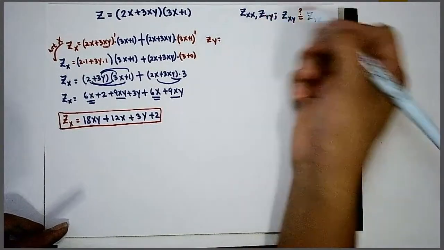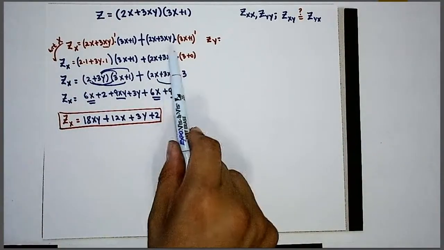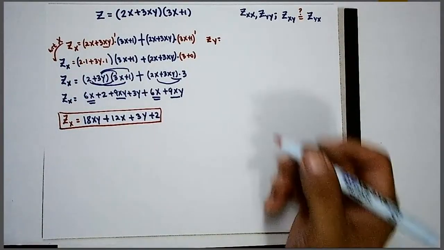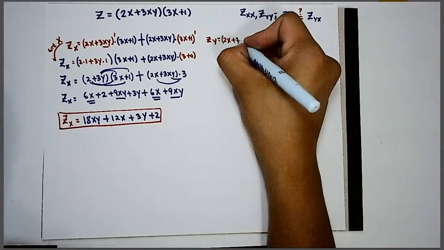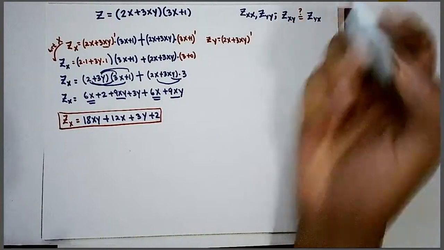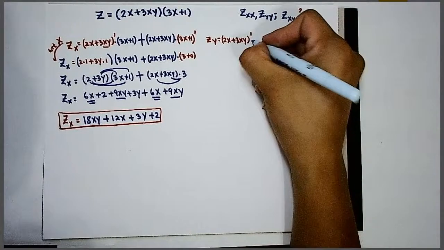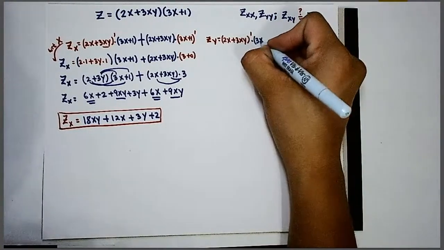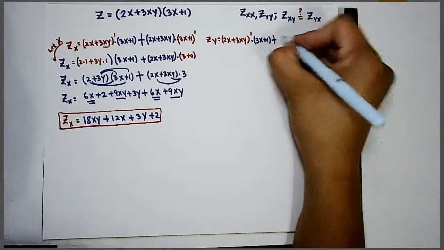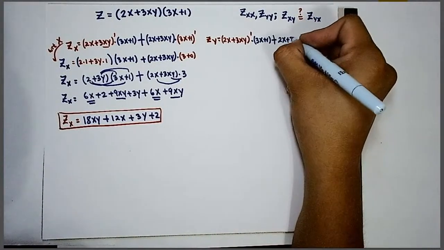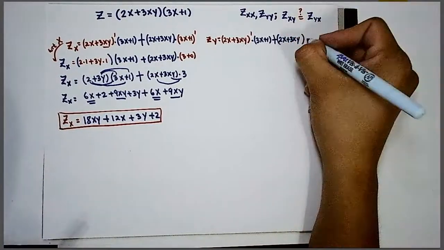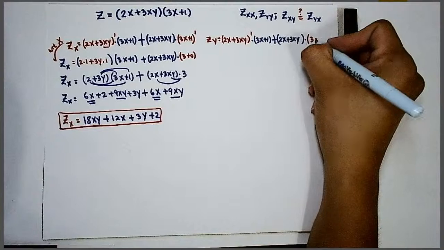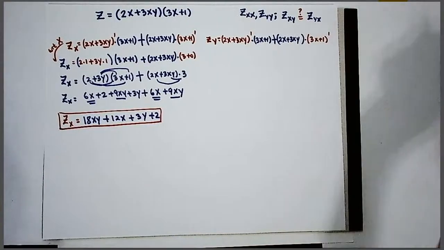Now let's repeat the same procedure, so the product rule with respect to y. And you will notice something interesting. So let's write it. Remember that the product rule is the same in terms of the rule itself.